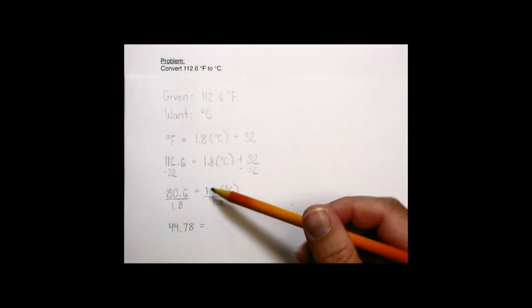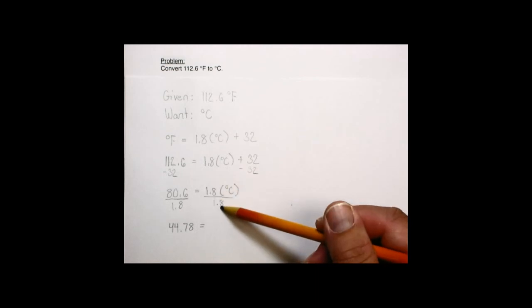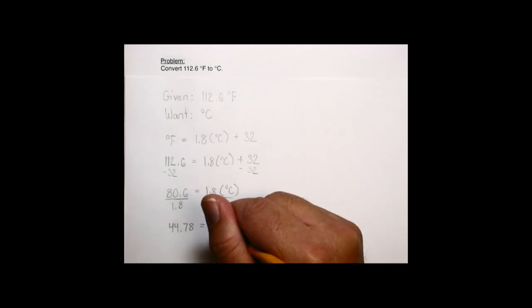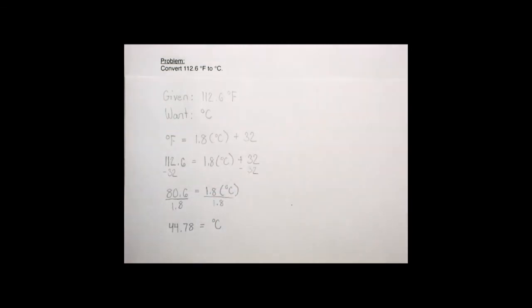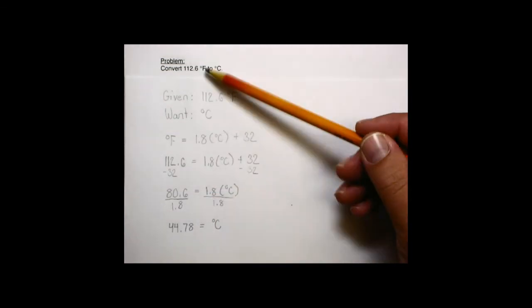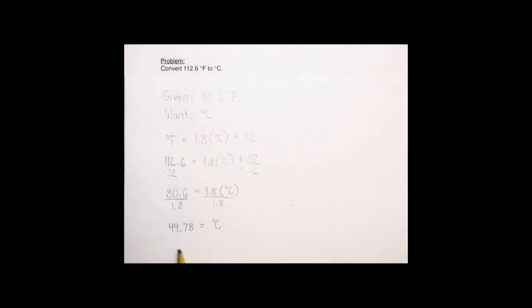And now on this side, the 1.8s cancel each other out, and all I'm left with are degrees Celsius. So now we know that 112.6 degrees Fahrenheit is just 44.78 degrees Celsius. Easy as pie.